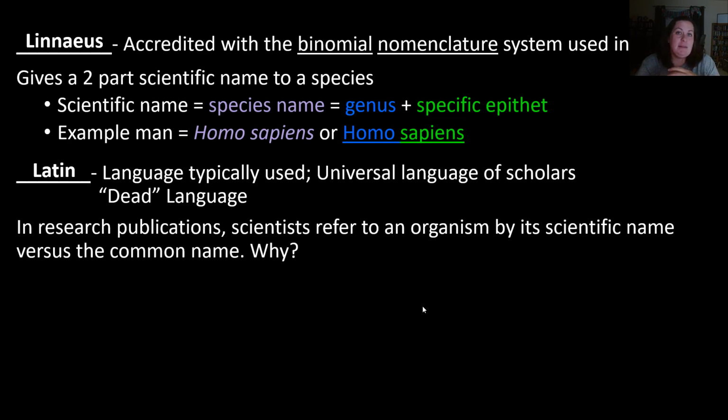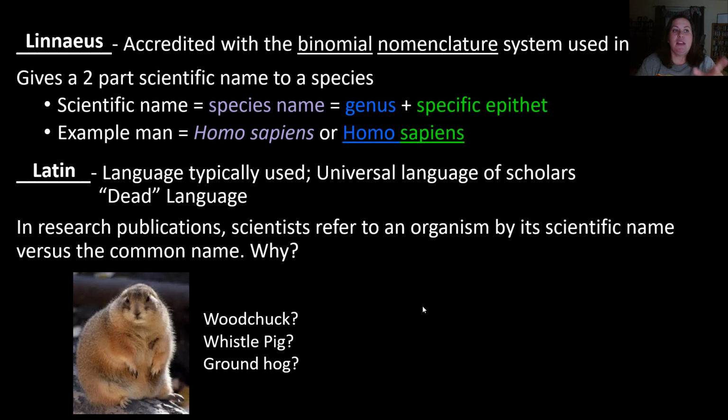it could be confusing. Let me show you why. So I've got a couple examples here. This first animal right here, if we just use its basic everyday name, in some places in the world, this is called a woodchuck. In other places, it's called a whistle pig. And down here where I live, it's called a groundhog. So it depends on your location. However, its scientific name is always the same.